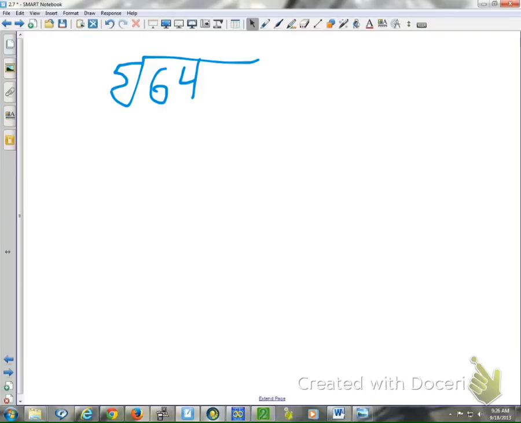That's what you need to start doing now. You just need to be factoring that as many times as you can. It is not 64 divided by 5. It is nothing like that. You have to factor the 64 as far as you can. Unfortunately, that is the easiest way to do it.